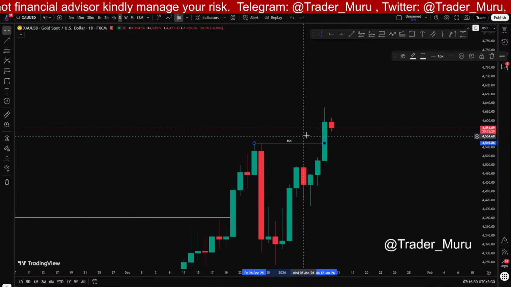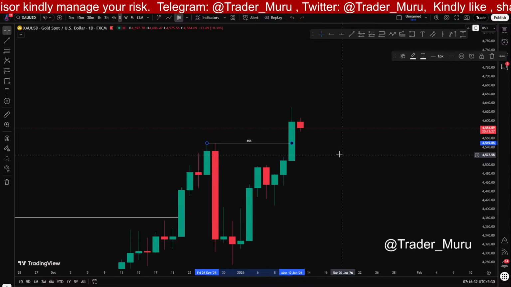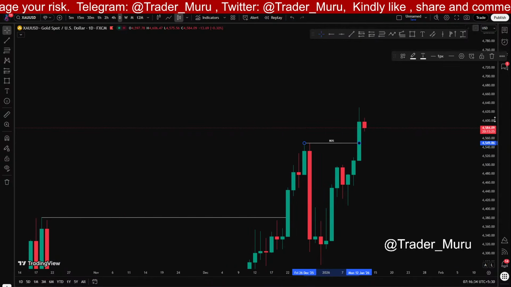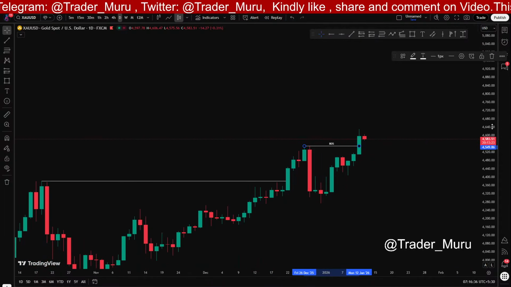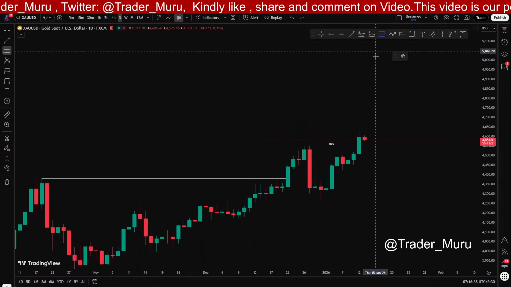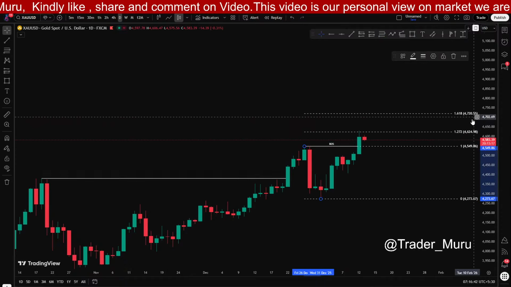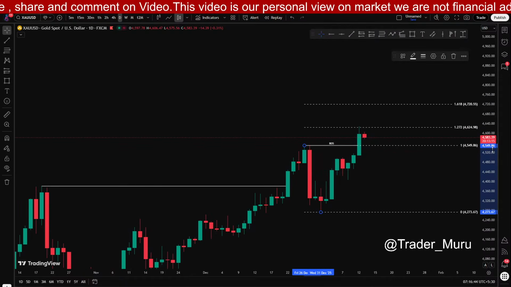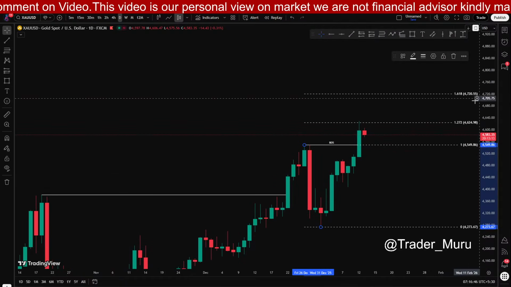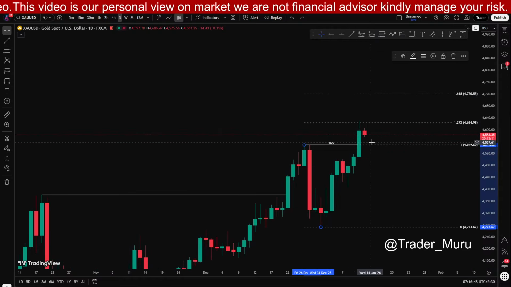So after this closing, price has developed a new path which is heading towards 4720. So this will be our next target after some retracement.